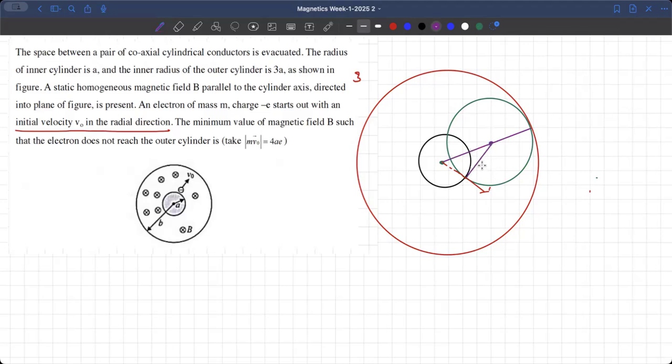By geometry, you said there are two different radii, A and 3A, so I should use some other term R. Why? Because this is 90 degrees. That is the center. By the way, this is radius R, and this is radius A.